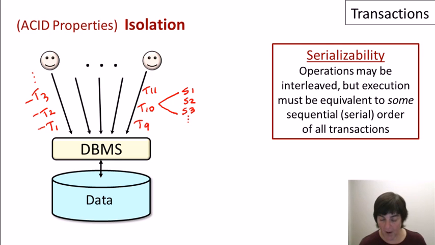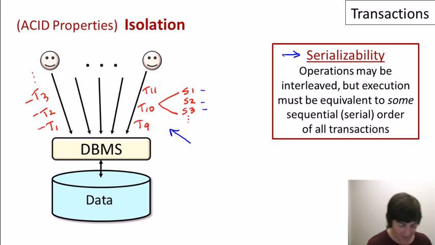So the isolation property is implemented by a very specific formal notion called serializability. What serializability says is that the operations within transactions may be interleaved across clients, but the execution of those operations must be equivalent to some sequential serial order of all the transactions. So for our example over here, the system itself may execute all of the statements within each transaction concurrently, but it has to guarantee that the behavior against the database is equivalent to some sequential order.